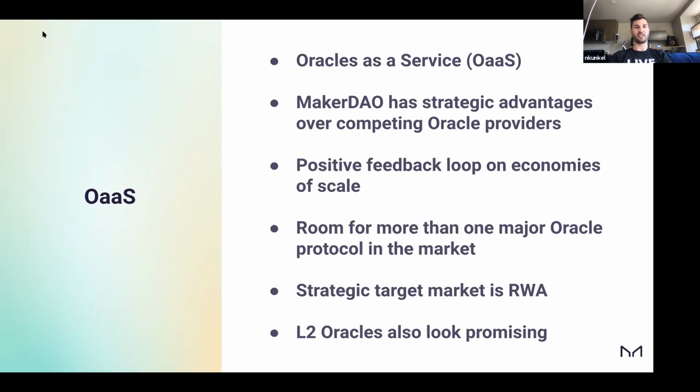It doesn't make any sense for someone to take on that type of existential risk. We've talked about how much of an Achilles heel Oracle protocols can be to DeFi especially, and so eventually it will just make sense to use multiple Oracle protocols.